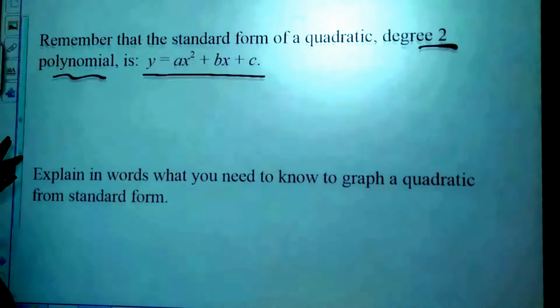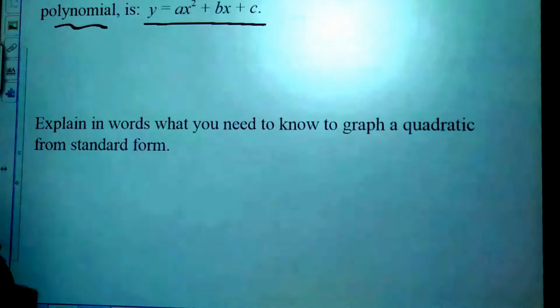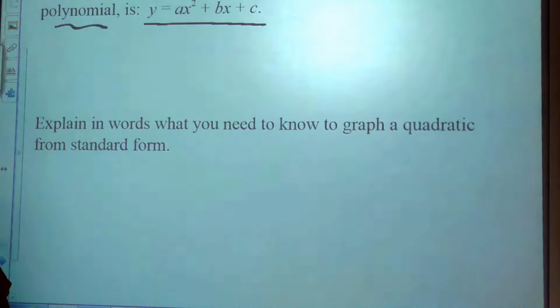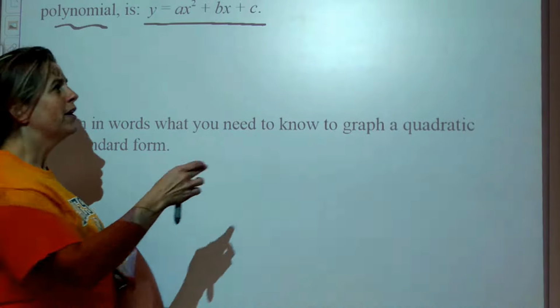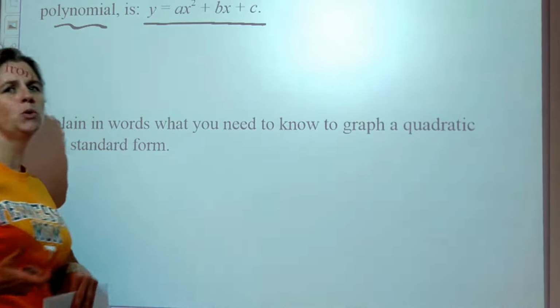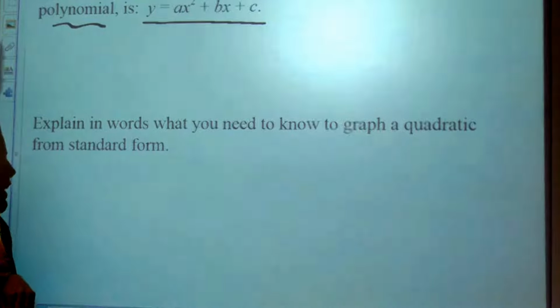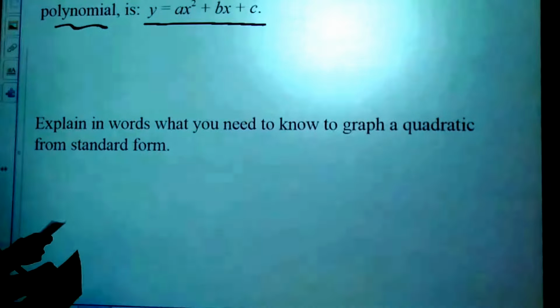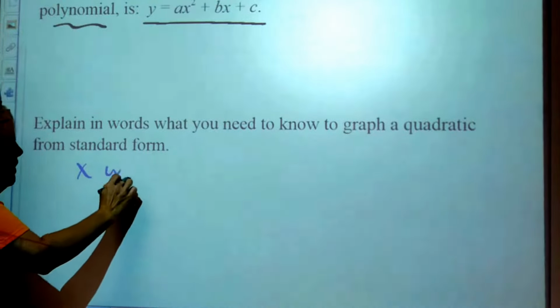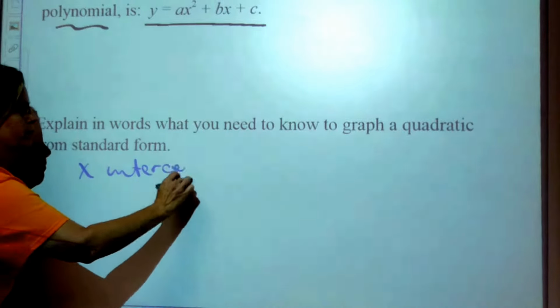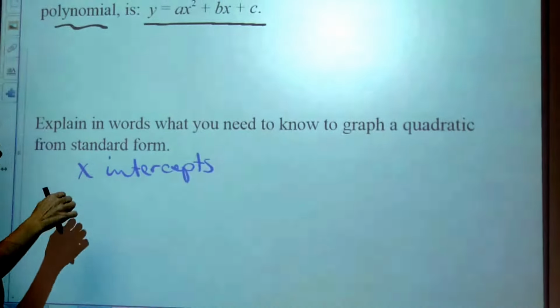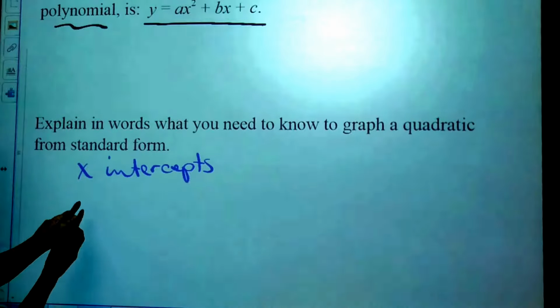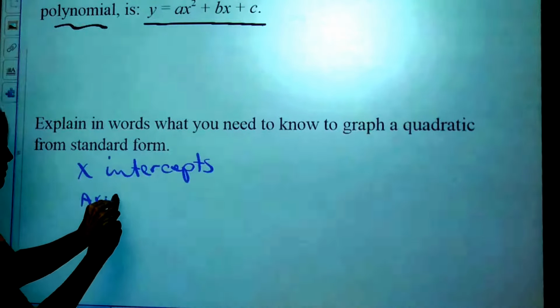Next thing we wanted you to do was explain what you need to know about a quadratic if it's in standard form. In other words, what pieces will you look for in order to put them on the graph? One piece is, for quadratics, you should be looking for x-intercepts. And the x-intercepts help you find the axis of symmetry.